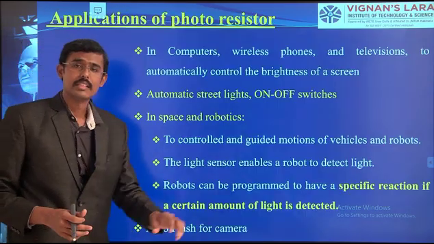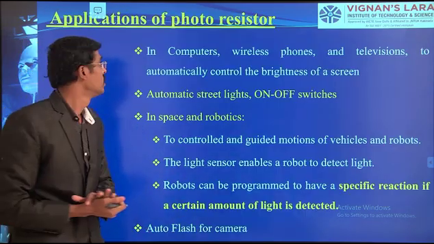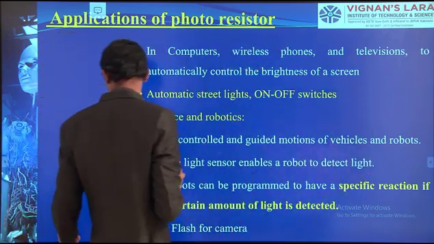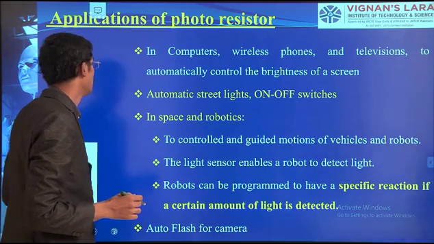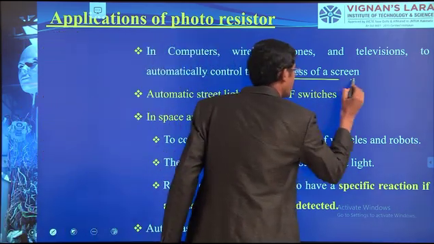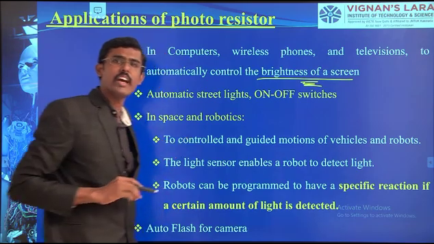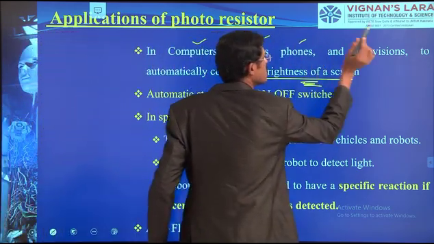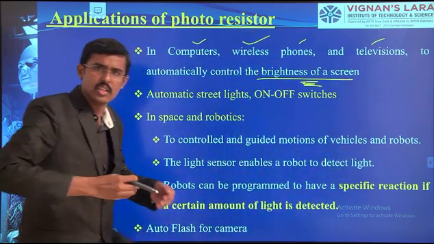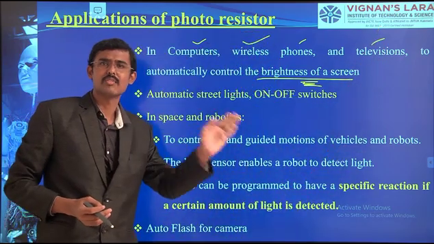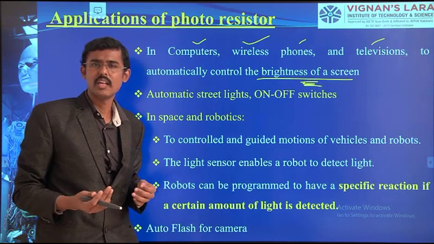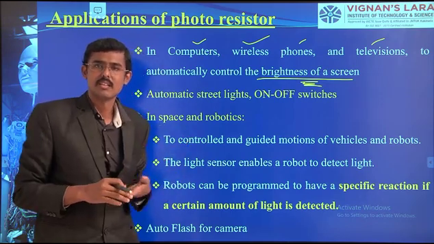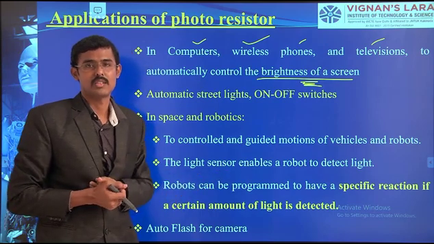The applications of photoresistors are in computers, wireless phones and televisions, to automatically control the brightness of the screen. They are using this in computers, phones, televisions, everywhere. There is probably one photoresistor in the phone also. When the sunlight falls, there is automatic control of the screen.